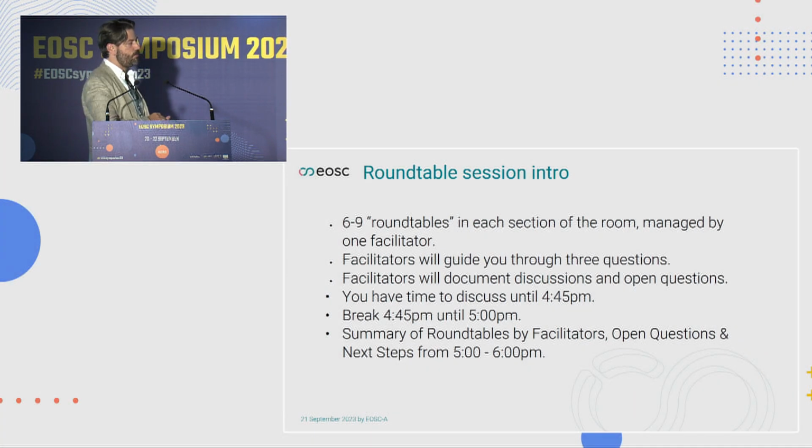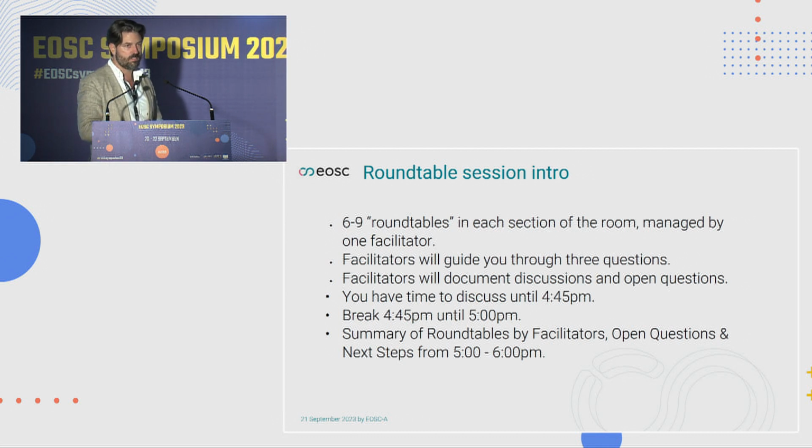Essentially, they all have the same template, so every group is going through the same questions. The facilitators are going to document what is being said in the groups. A group should not be larger than 12 people if possible. Then you have 45 minutes to discuss these 3 questions.